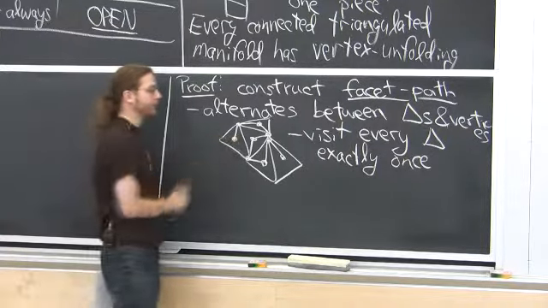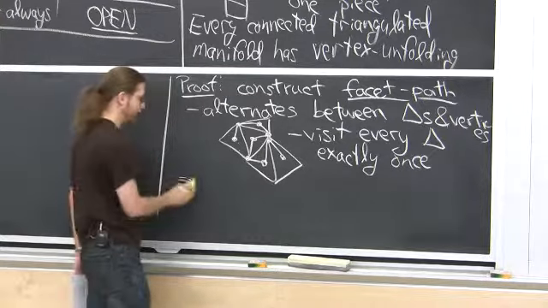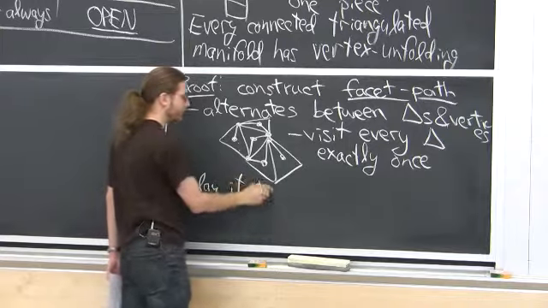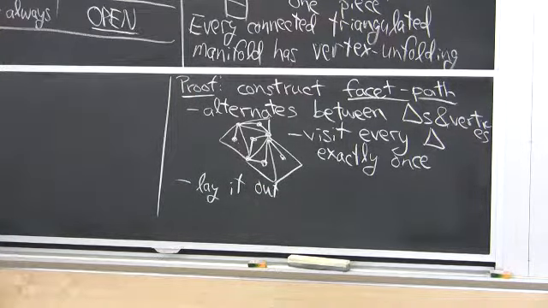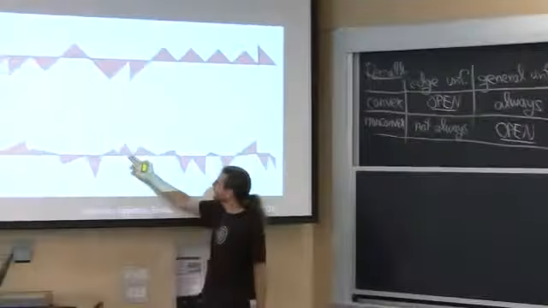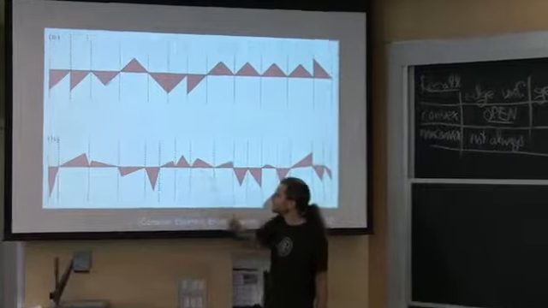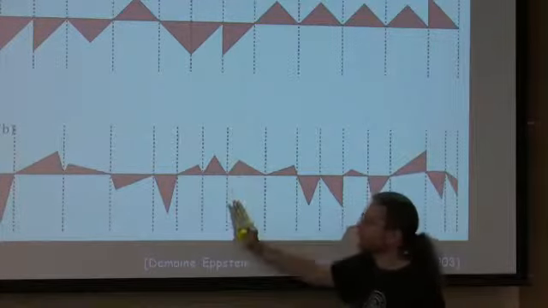Once you have this facet path, you're basically golden because you can lay it out without overlap. And that's the next picture. So if you have a triangle and you have some corners of it that are hinged to adjacent triangles, you can rotate that triangle till it fits in a vertical slab.